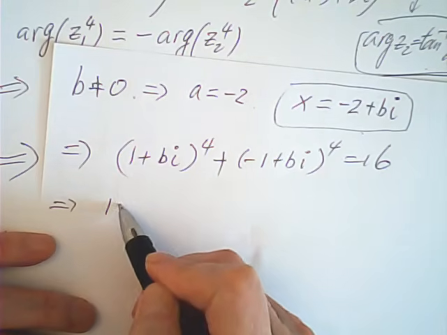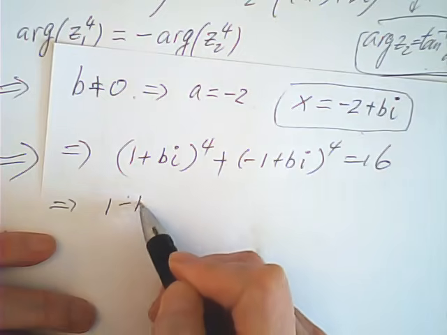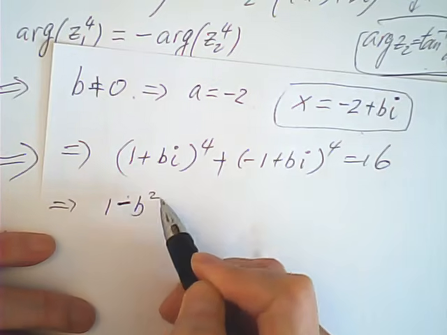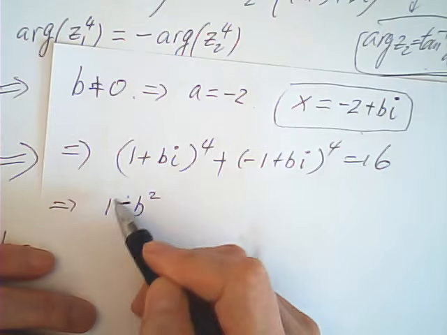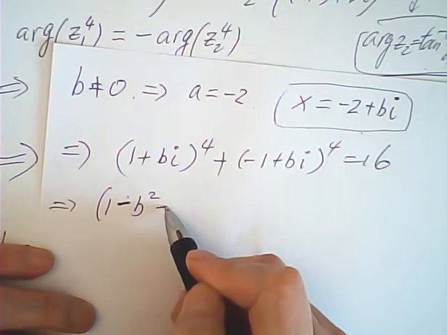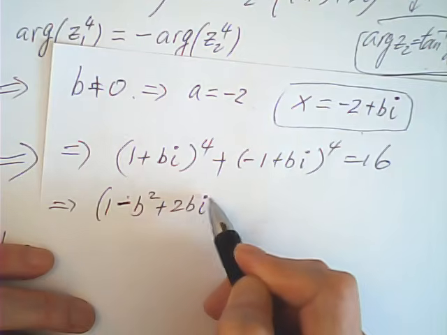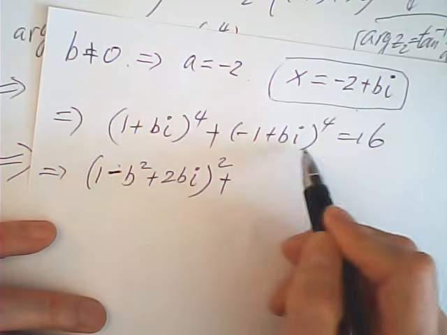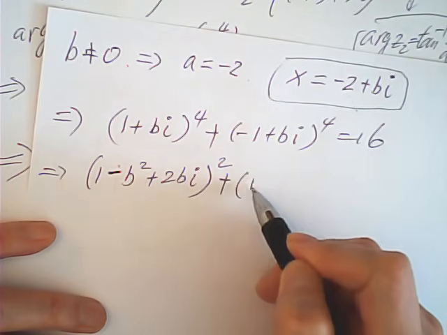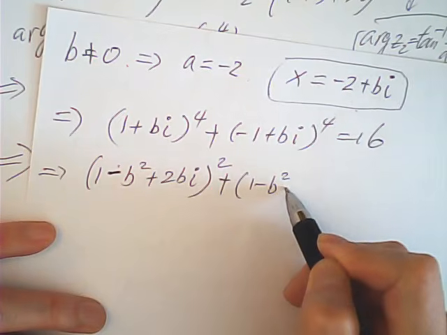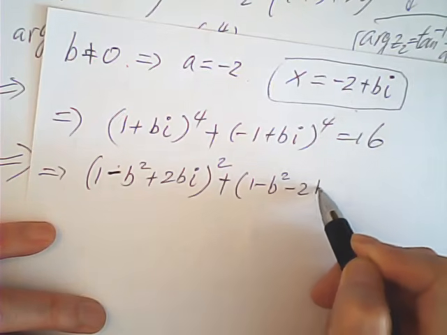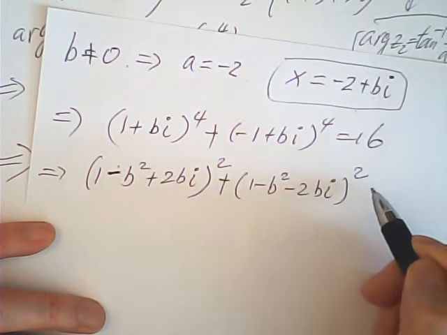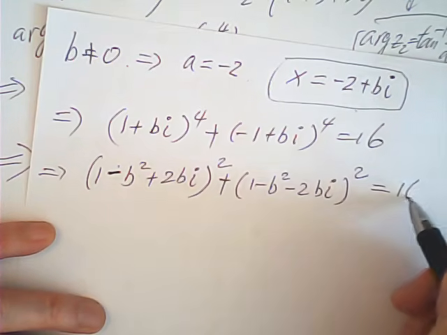This is 1 minus B square plus 2Bi, squared. Plus this is squared. This is equal to 1 minus B square minus 2Bi, another square, equal to 16.